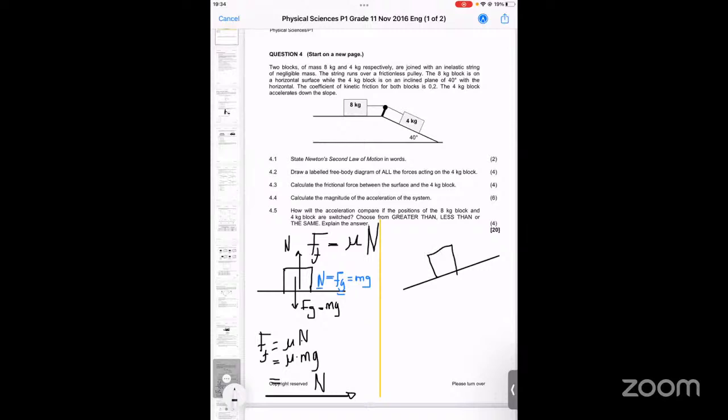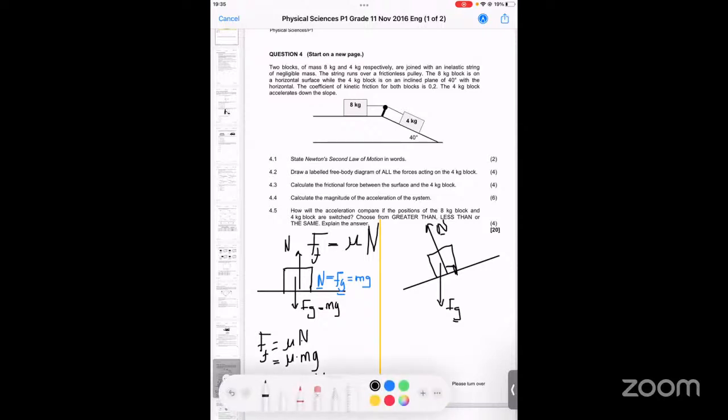So what you need to know is that FG will always point downwards, but the normal force will go in that direction because it has to be perpendicular to the surface. So in this case, our normal force cannot balance with FG because they don't act in direct opposite directions.